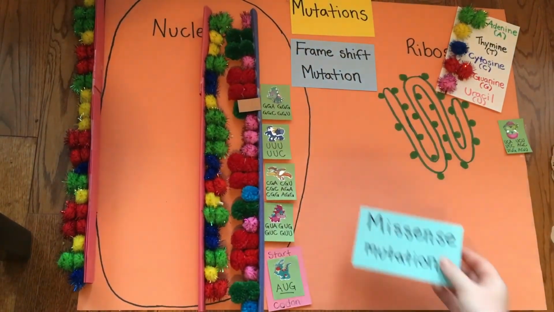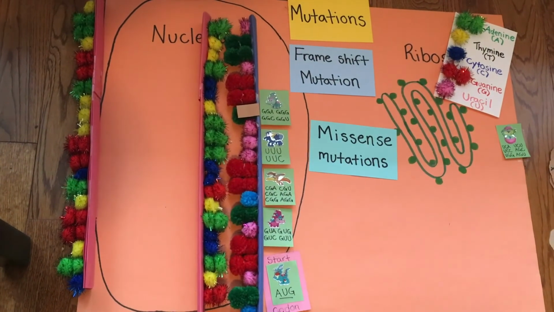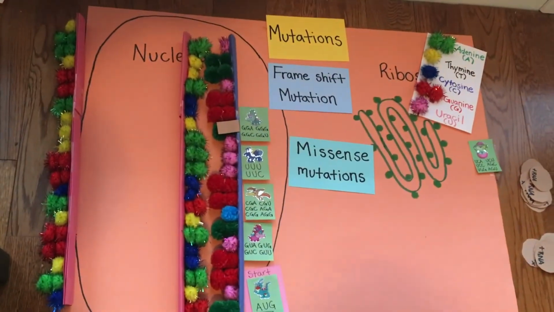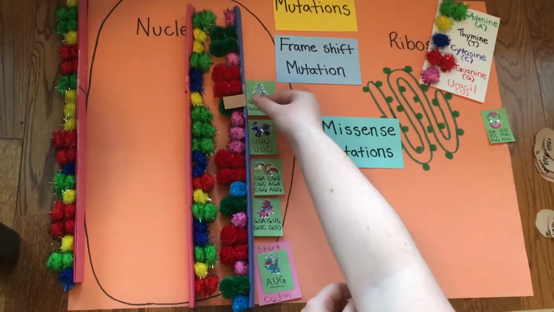Secondly, we have missense mutations. Now this one actually changes the protein shape, of which we just saw in the last one.